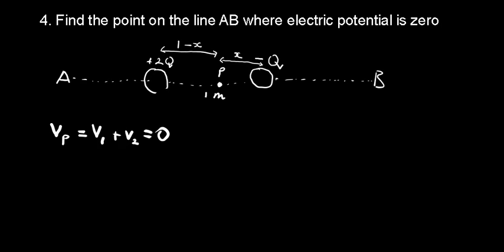Now let's go ahead and look at that. So Vp will be equal to the potential at point 1.